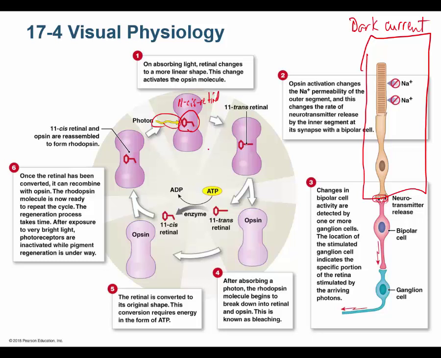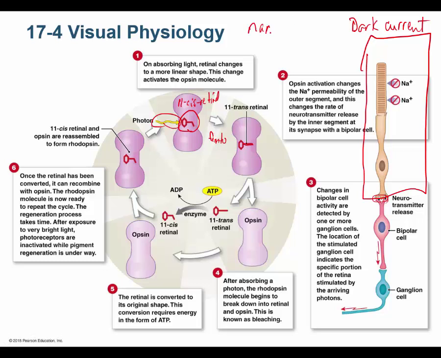When light hits it, it changes that double bond to all trans retinal, and it straightens out. This is really peculiar biochemically because it's one of the fastest reactions known. It only takes a femtosecond to occur. Now let me see if I can remember what a femto is.